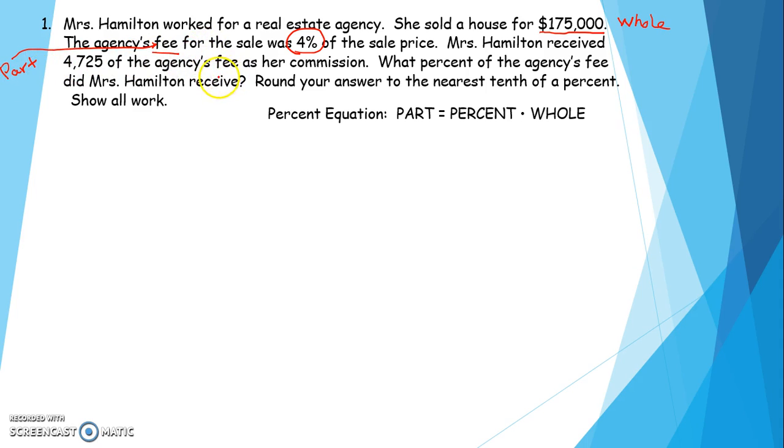We have to figure out what part the agency made on the sale of this house before we can figure out Mrs. Hamilton's commission. So let's go ahead and use our equation. We have part, we don't know the amount of money the agency made, so I'll call that X. Let X equal the agency's fee.